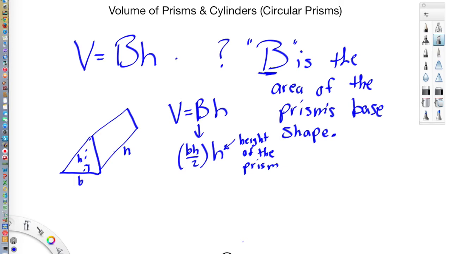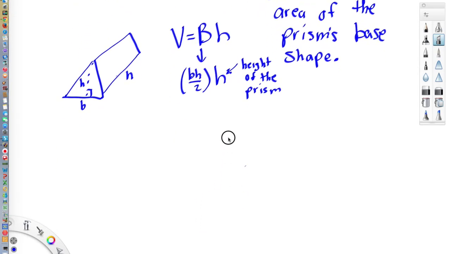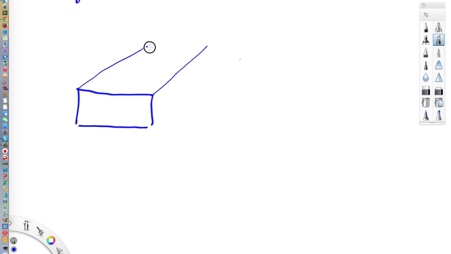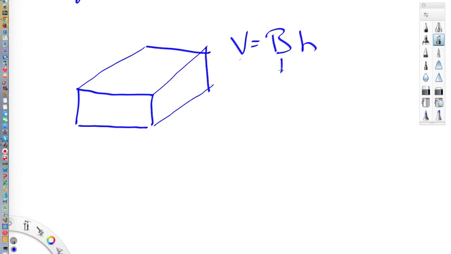Let's try another shape. Let's say I have a rectangular prism, a little sloppy, but nevertheless a rectangular prism. How do I find the volume? Volume is equal to big B times H. Big B is the area of the base shape. My base shape is a rectangle.